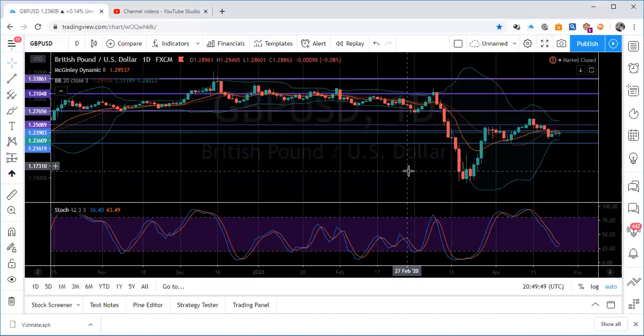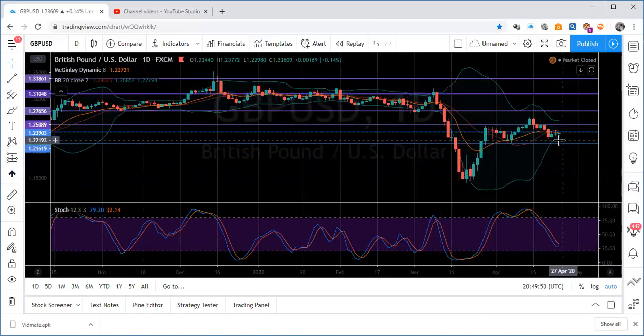daily close basis. Now, if you look at price action, we've had quite reduced momentum to the upside, and most likely we'll see price coming to retest these lows before we will think to go any higher.